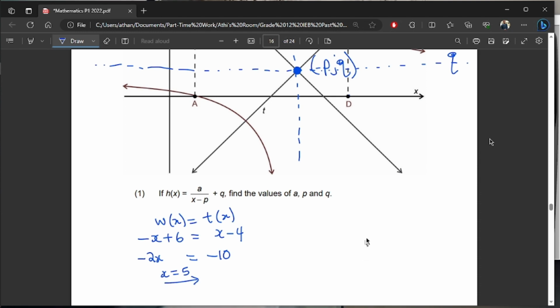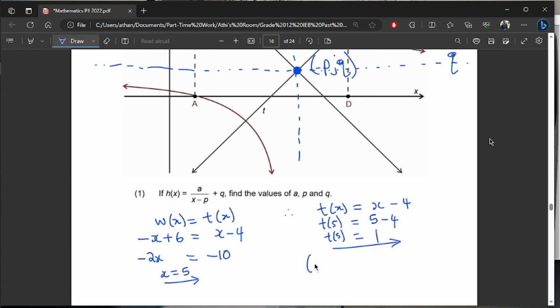Now that I have x as positive 5, I can take any equation. Let's take t of x, which was x minus 4, and substitute the value of 5. That means t at 5 is equal to 1. The value of y is 1.